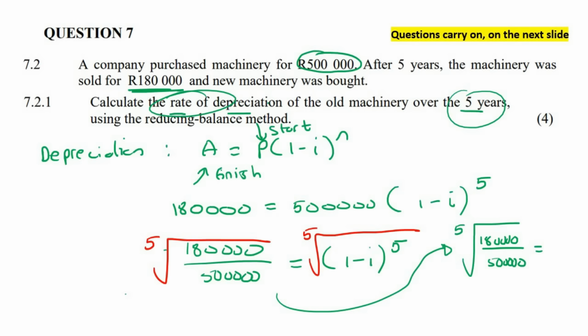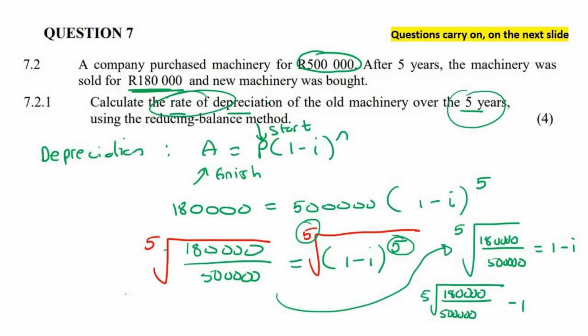On the right-hand side, this 5 cancels out that 5, so what we have on the right is just 1 minus i. Now you can do different things here. You could take the i to the left if you wanted to, and then bring this to the right. But what I'm going to do is just take this 1 over. So we're going to end up with 180,000 over 500,000, take away 1.